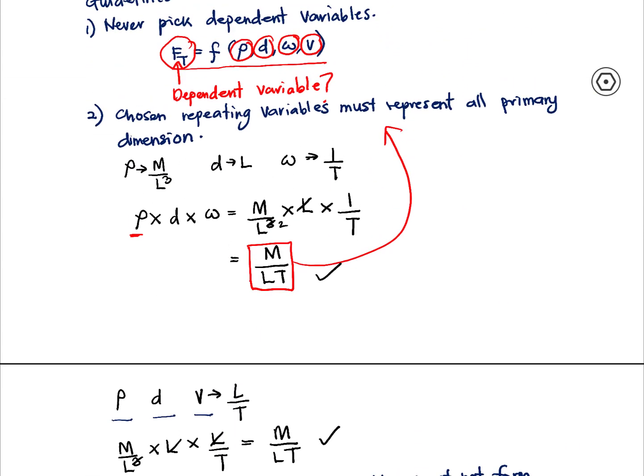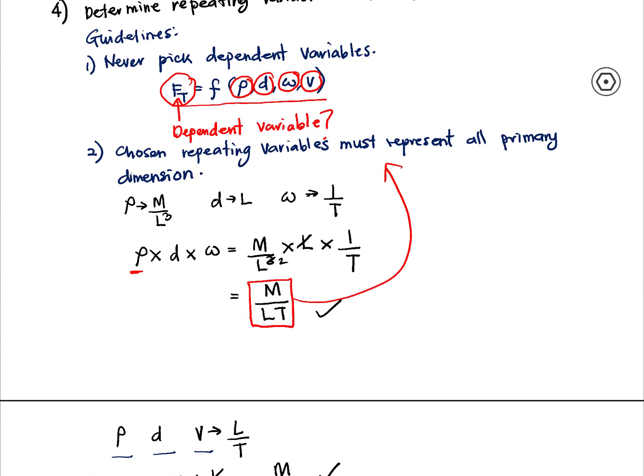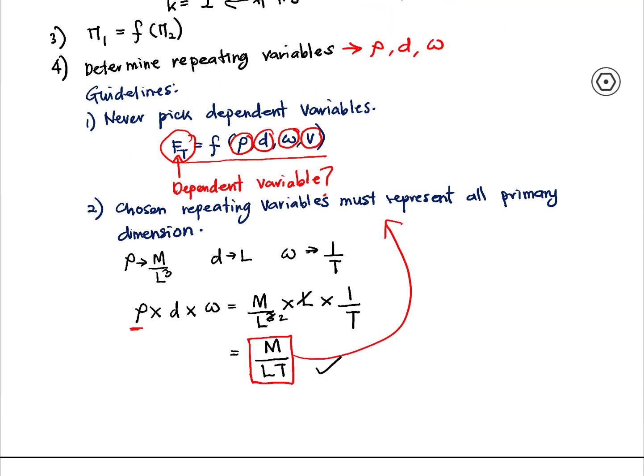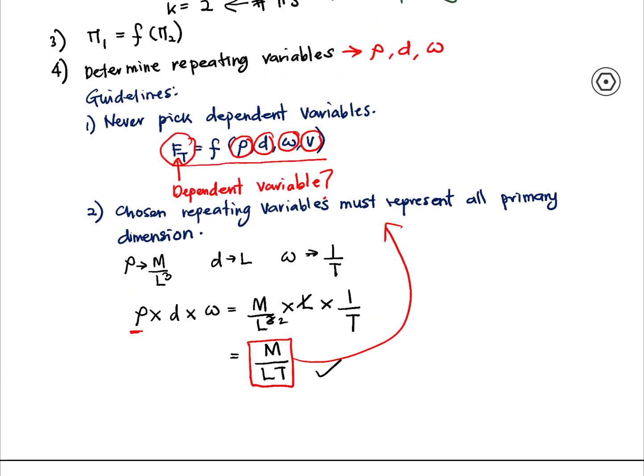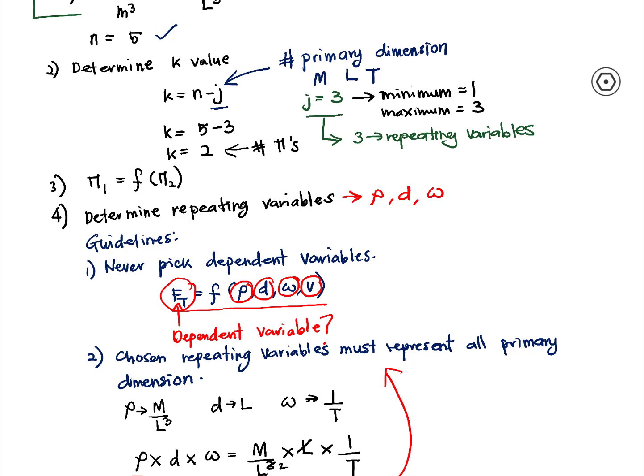Okay, but in this question we have already been given the repeating variables rho, d and omega. Remember that the number of repeating variables is equal to the number of j.